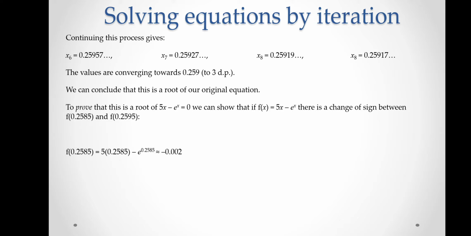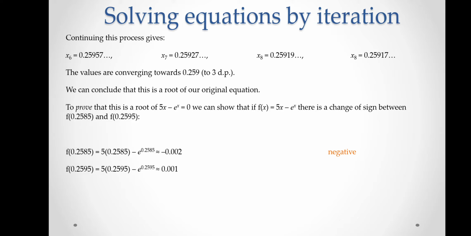When you substitute 0.2585 into the equation, the answer is negative. When you substitute 0.2595, the upper bound, the answer is positive.